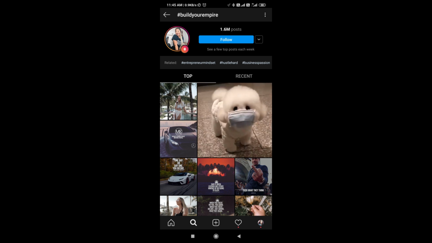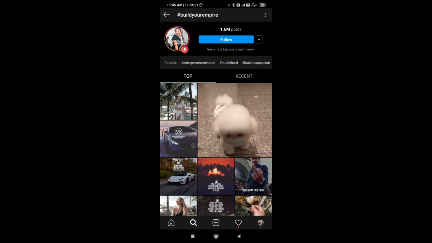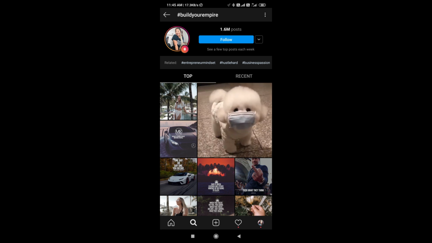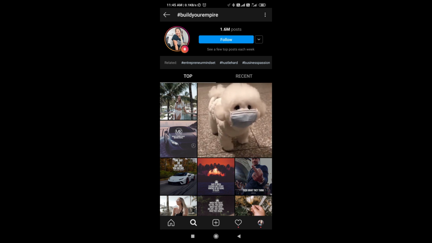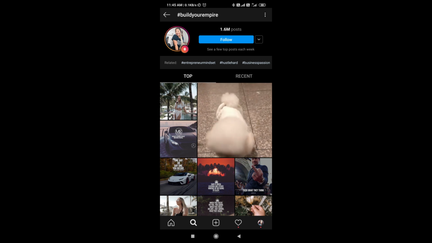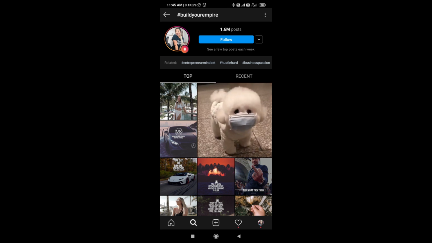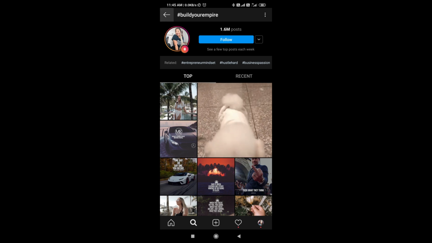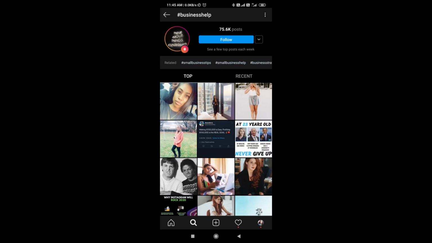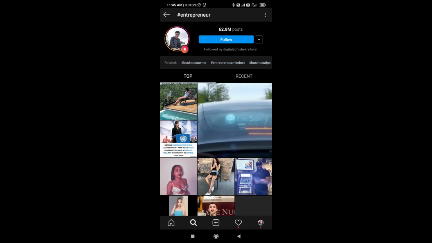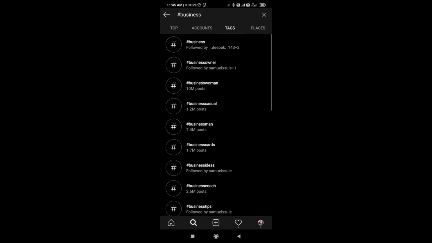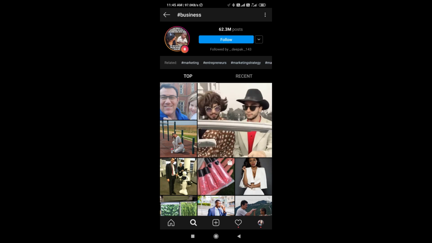Okay, now the first, personal tags, I explained. The next three categories I've explained, and how you search it I have explained over here. Now the third and last thing is competitor tags. For that, let me go back to hashtag business, because you are a business owner, so you'll want something related to business.